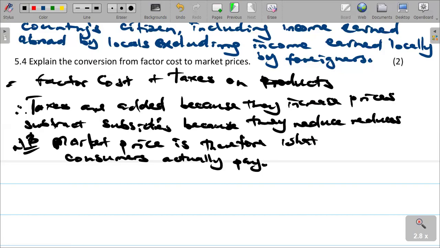Those variations, you need to take note of them. There are some core definitions that are tested at grade 11: factor cost, what producers receive; market price, what consumers pay; real price, adjusted for inflation; nominal price, not adjusted for inflation.